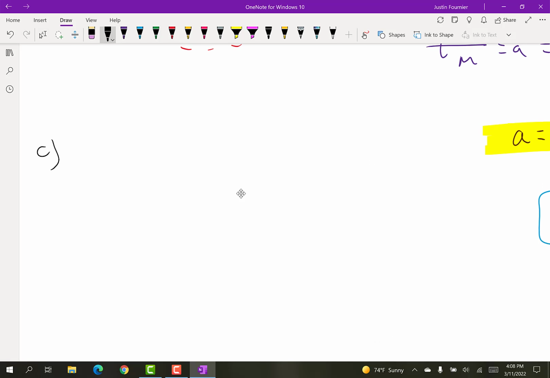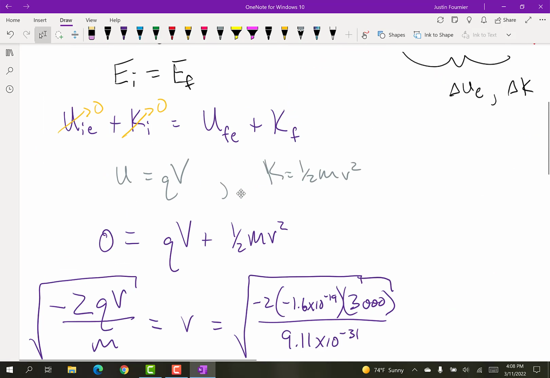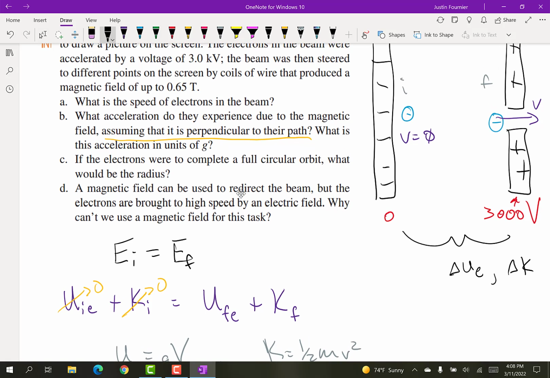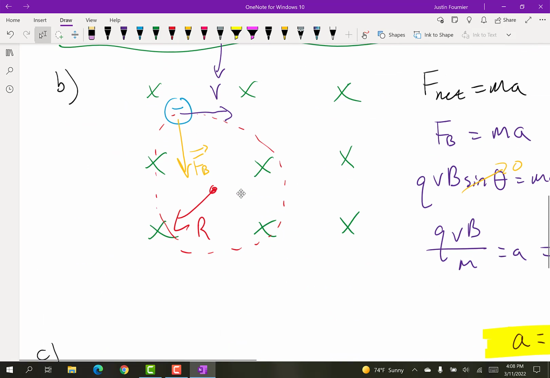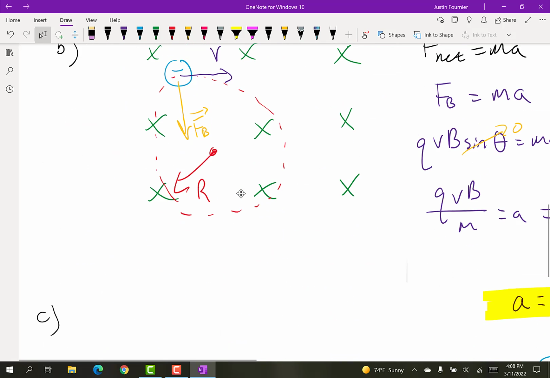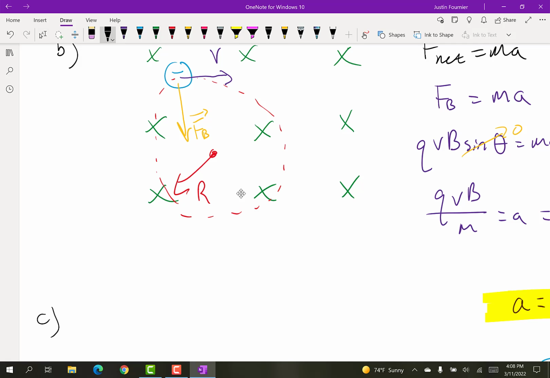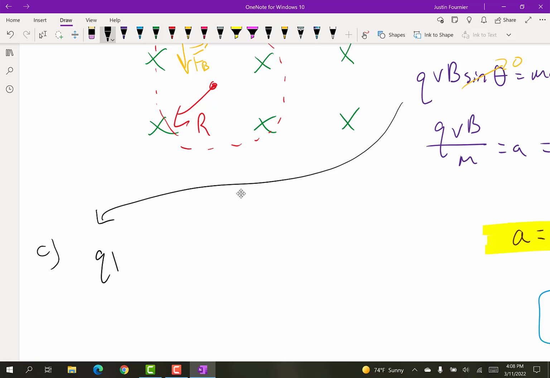So, all right, now for part C, it says, if the electrons were to complete a full circular orbit, what would be the radius? All right. So I'm going to use this same thing here. I'm actually going to just continue on from here. So this basically said QVB equals m times the acceleration.